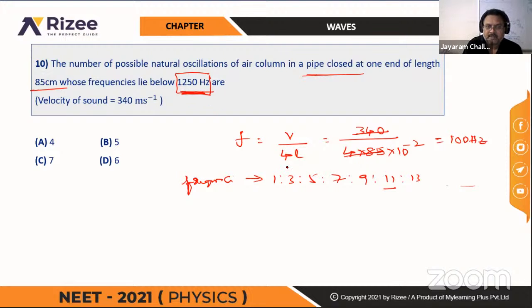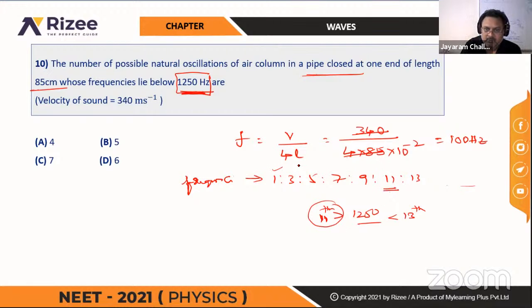So 1250 is greater than the 11th one and less than the 13th one. So we have to count how many resonances or frequencies are occurring. 11 in the sense, not this number.